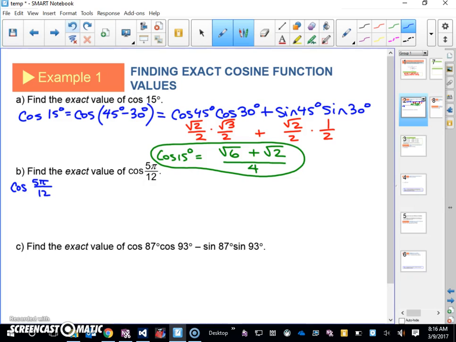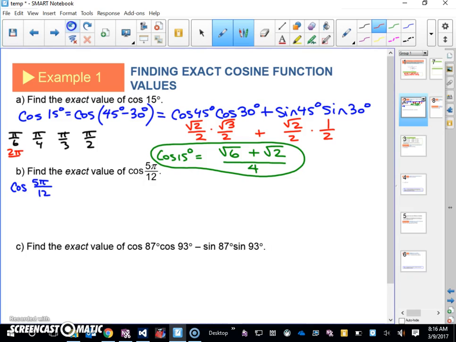Look at your angles in the chart: pi over 6, pi over 4, pi over 3, and pi over 2. It's very difficult to see how to make 5 pi over 12 out of that, unless we do what we've done a lot in this class and talk about common denominators. Since my problem has a denominator of 12, let's make all of these have a denominator of 12.